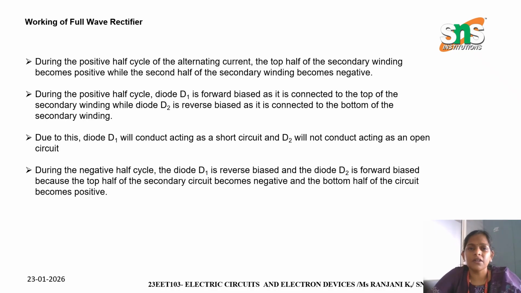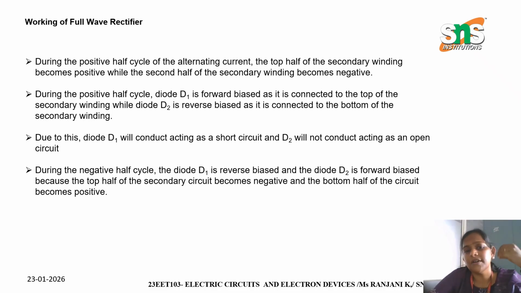Next, during the positive half cycle of the alternating current, the top of the secondary winding becomes positive, while the other half of the secondary winding becomes negative. During the positive half cycle, diode D1 is forward biased and connected to the top of the secondary winding, whereas D2 is reverse biased and connected to the bottom of the secondary winding. D1 conducts, acting as a short circuit, and D2 does not conduct, acting as an open circuit.